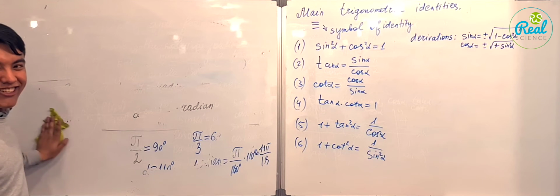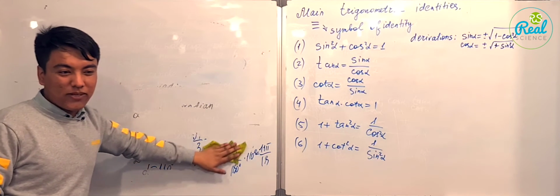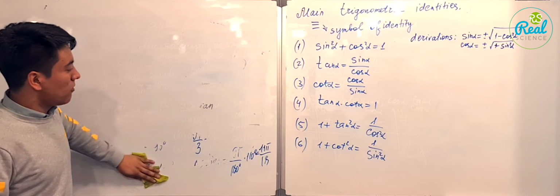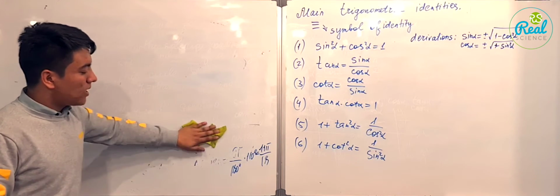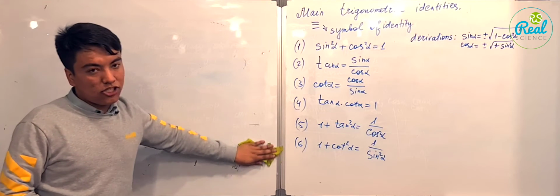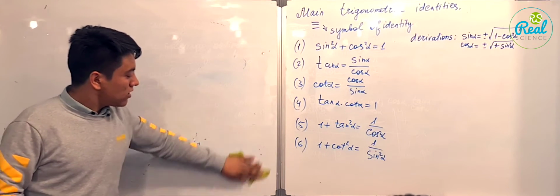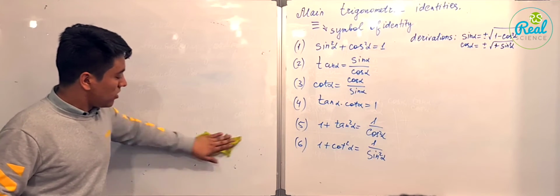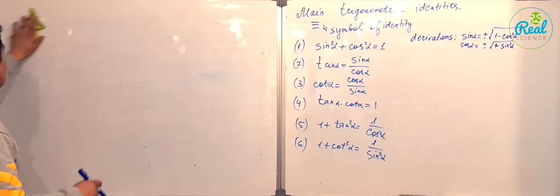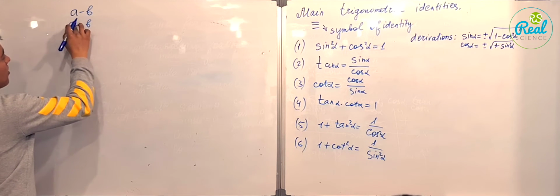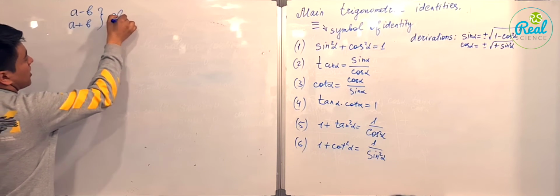Formulae of addition, like alpha plus beta, alpha minus beta. Who can tell me why subtraction can also be addition? What's the reason? For example, a minus b, a plus b. We call both algebraic addition.